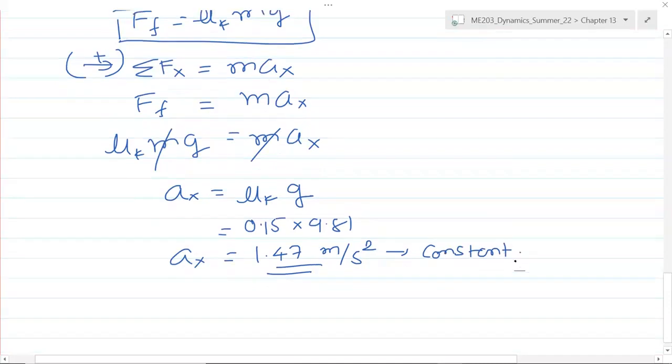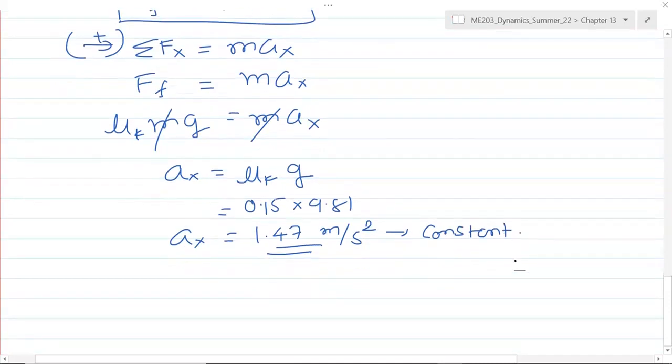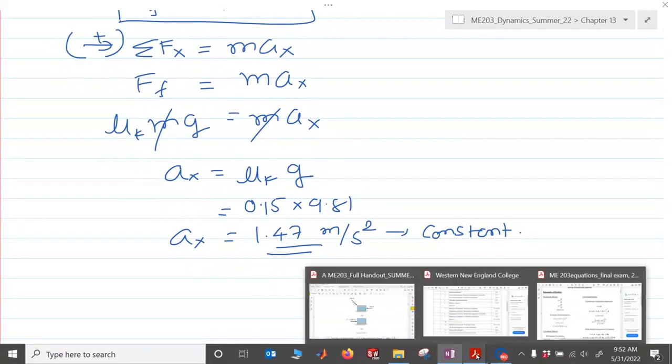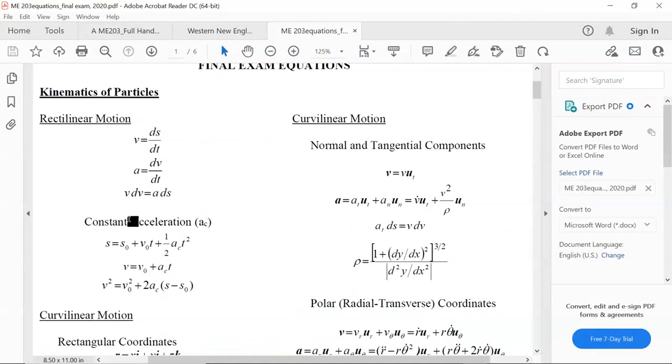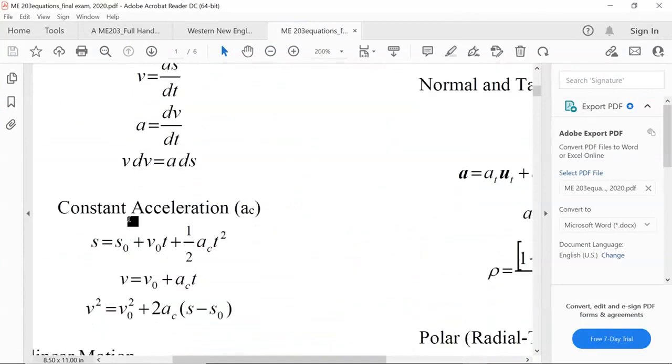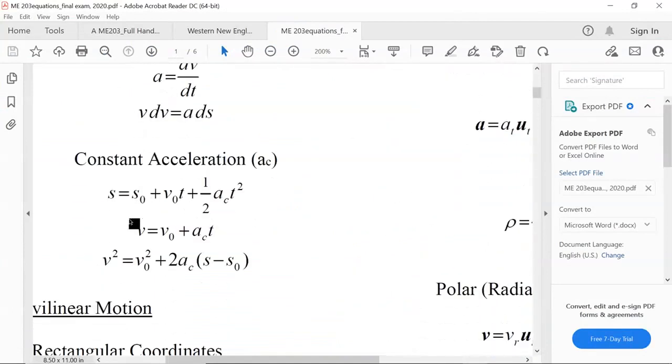When acceleration is constant and we need to calculate the distance traveled by the block, we can use one of the kinematics equations. We have three kinematics equations, and remember this equation page will be given to you for the exam.